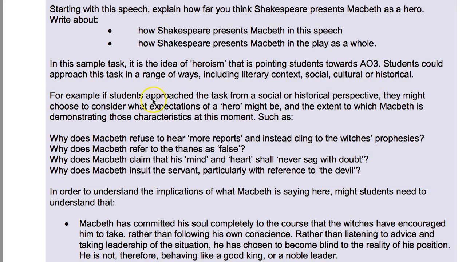For example, if students approach the task from a social or historical perspective, they might choose to consider what expectations of a hero might be, and the extent to which Macbeth is demonstrating those characteristics at this moment. That's why the extract is there. Such as, why does Macbeth refuse to hear more reports?